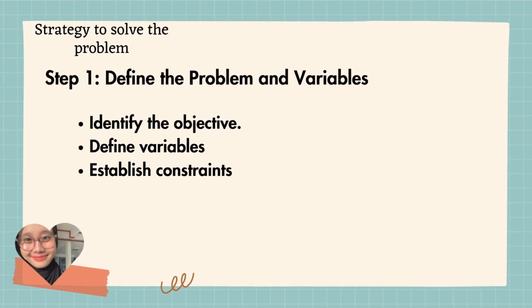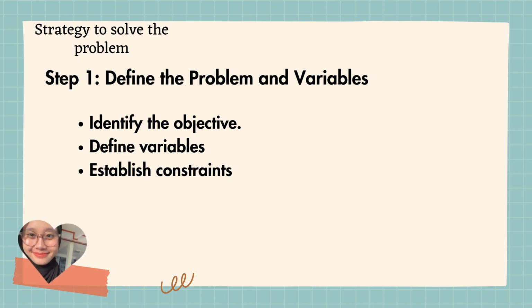Step 1. Define the problem and variables. First thing first, you need to identify the objective. Clearly state what needs to be maximized or minimized. This could be profit, cost, area, volume, and others. Then, you need to define variables.